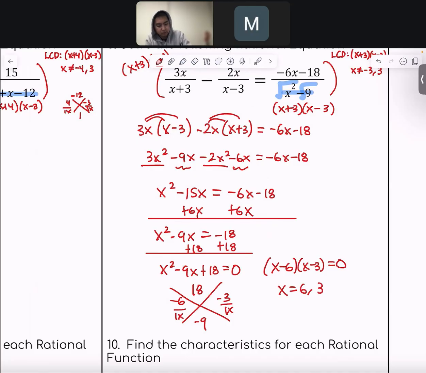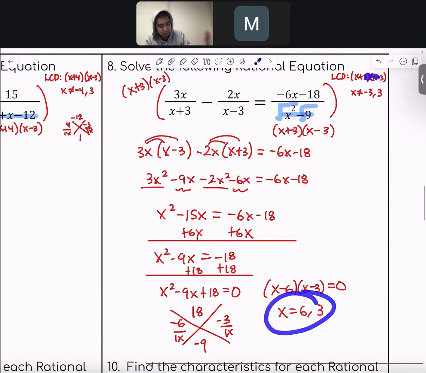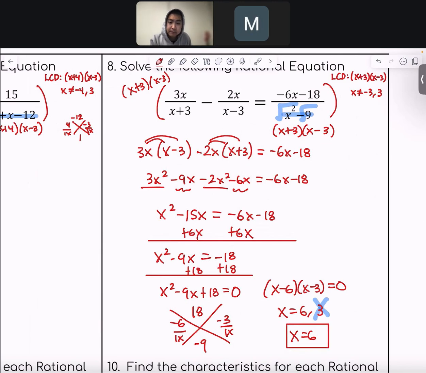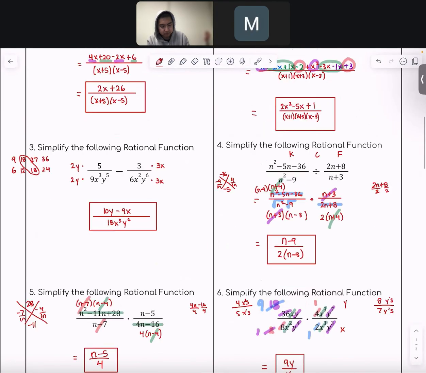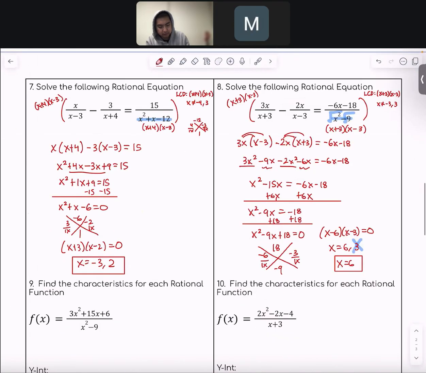But be careful, if you compare this to this, we cannot have x equal 3. So we need to eliminate this one, which means our only answer is x equals 6. Okay, so there we have that right there.